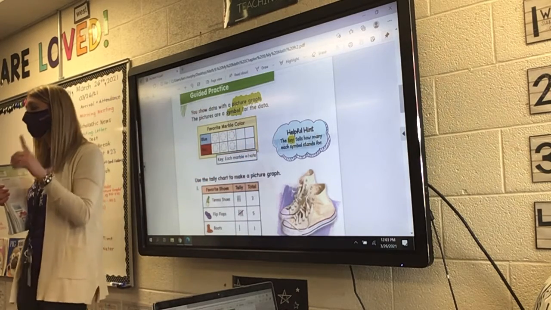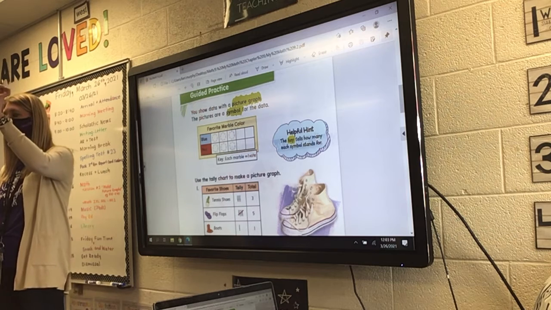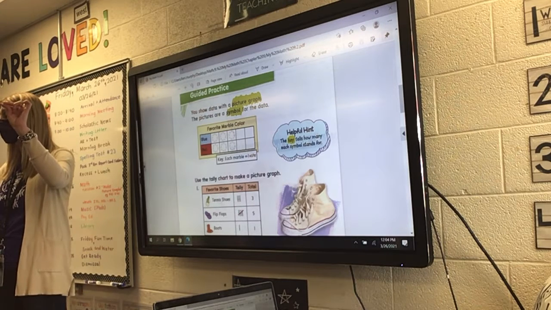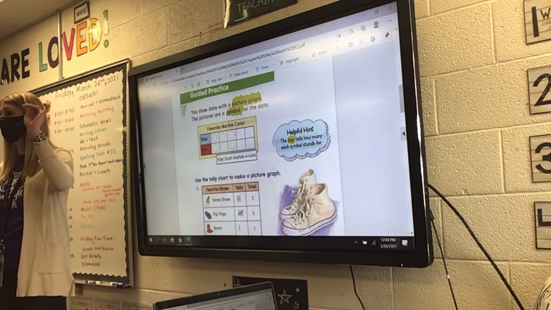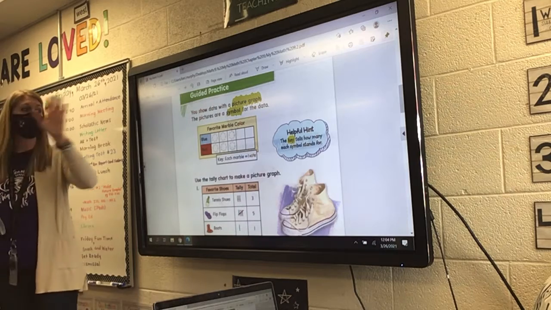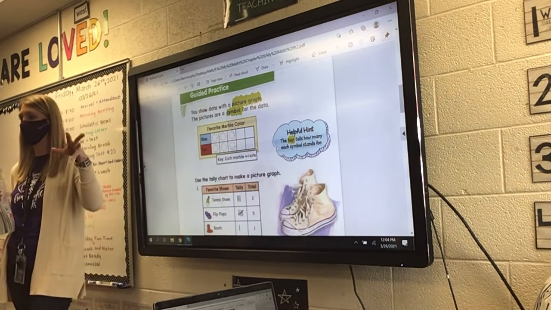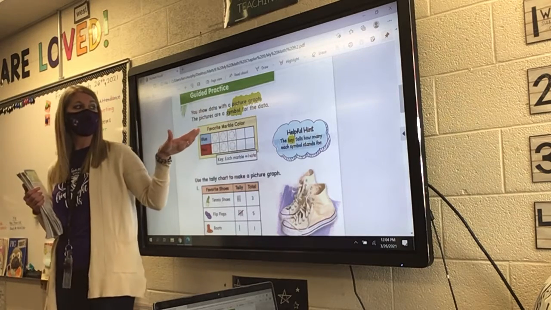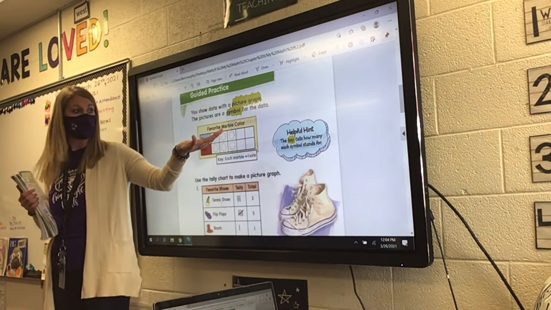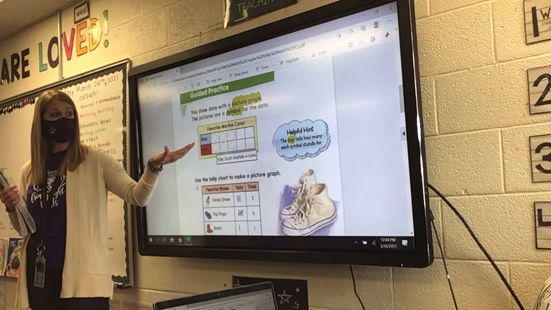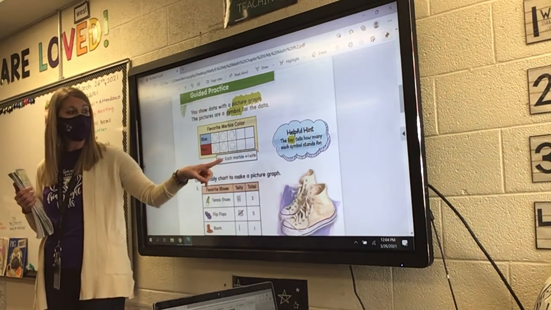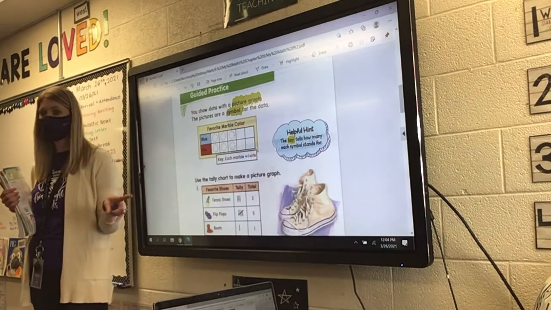So before you even start a graph, you look at the title, you look at your choices, and then you look at your key. You look at those 3 things first before you look at your pictures and your data. So our graph up here is favorite marble color. If you look here, you have 2 choices, blue and red. And the key, each marble stands for 1 vote.